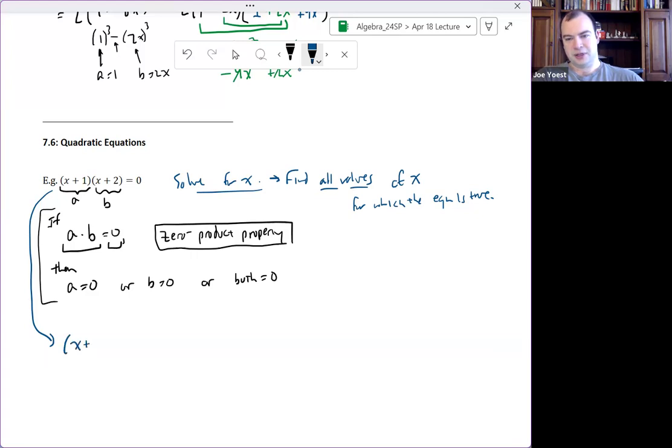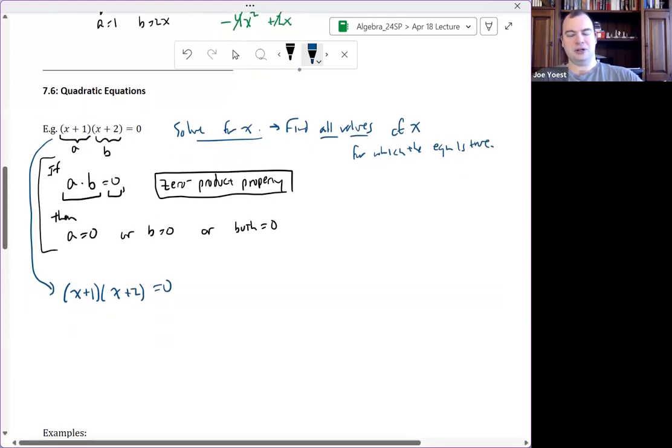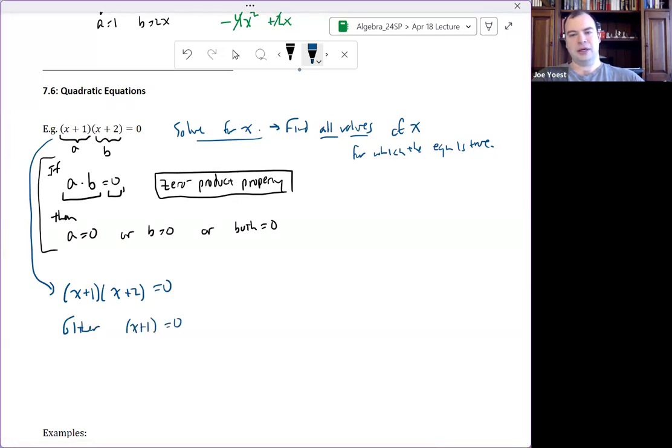So if I have x plus 1 times x plus 2 equals 0, then my zero product property says either x plus 1 equals 0. I don't know why I wrote it with parentheses, I guess just so it looks the same as up there. Or x plus 2 equals 0. Either the first factor is 0 or the second factor is 0.